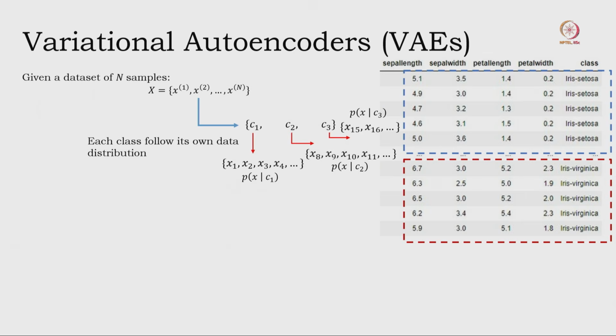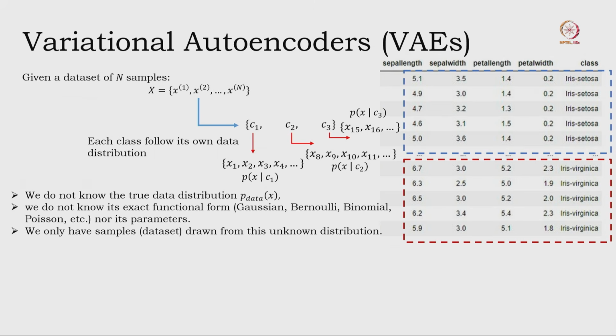Now, the most important question is: do we know what the distribution is? All we have is just the data, right? So, we do not know the true data distribution, and most importantly, we do not know its functional form either.